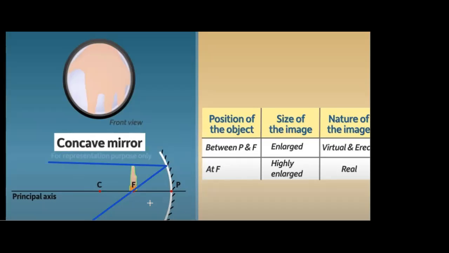If it is at focus, the second ray is also at infinity. So the image should be at infinity. I'm talking about the reflected ray. It will meet at infinity. Got it? So it is highly enlarged and real.